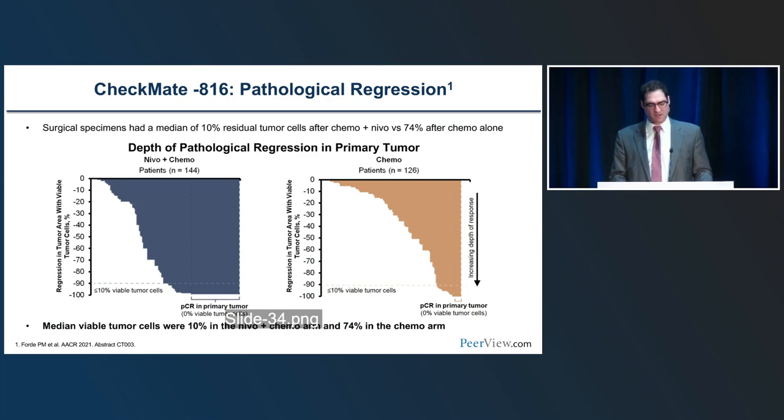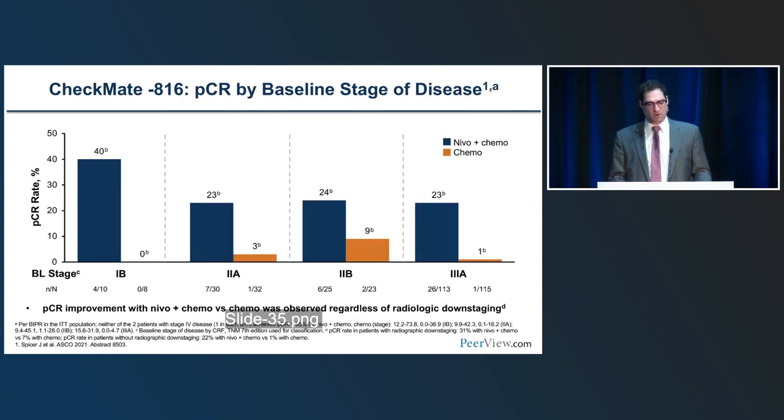You could see that with nivolumab and chemotherapy, the depth of response in the tumors was much greater compared to chemotherapy alone, represented graphically here. Median viable tumor cells were 10% in the chemo-nivo arm and 74% in the chemo arm.